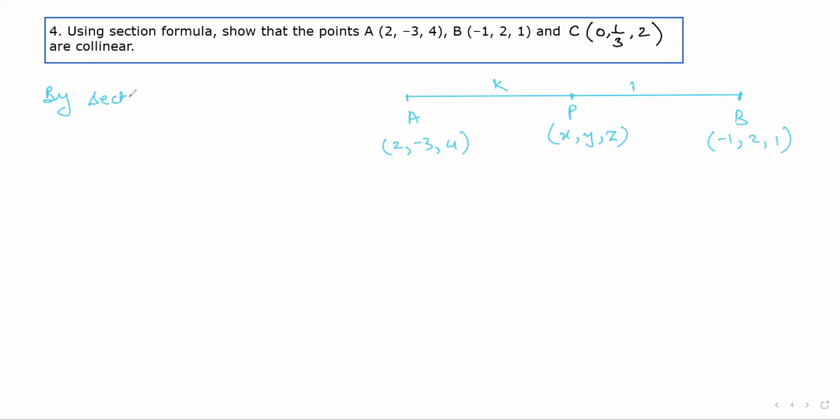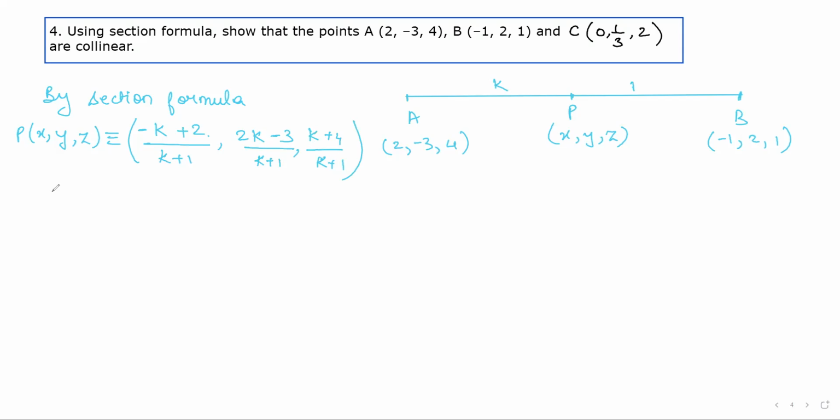By section formula, P (x, y, z) will be equivalent to (-k plus 2 upon k plus 1, 2k minus 3 upon k plus 1, z coordinate k plus 4 upon k plus 1). Now, your x coordinate comes around to be this, y coordinate comes around to be this, and z coordinate comes around to be this.